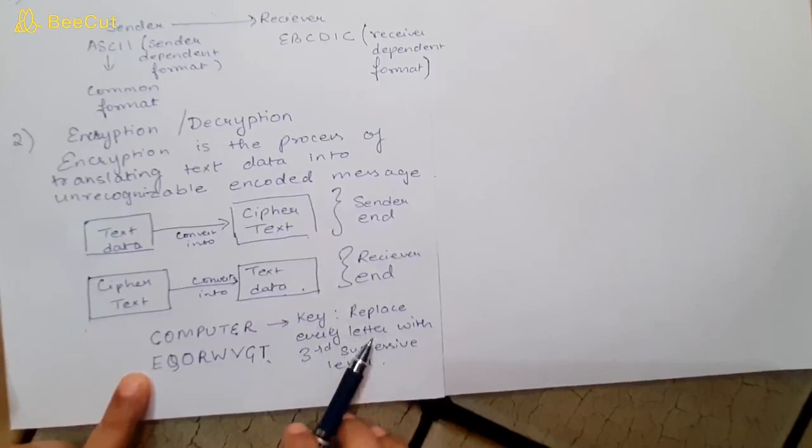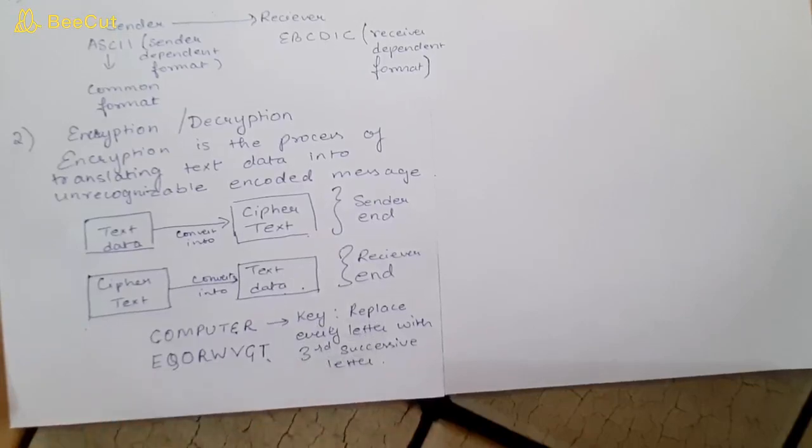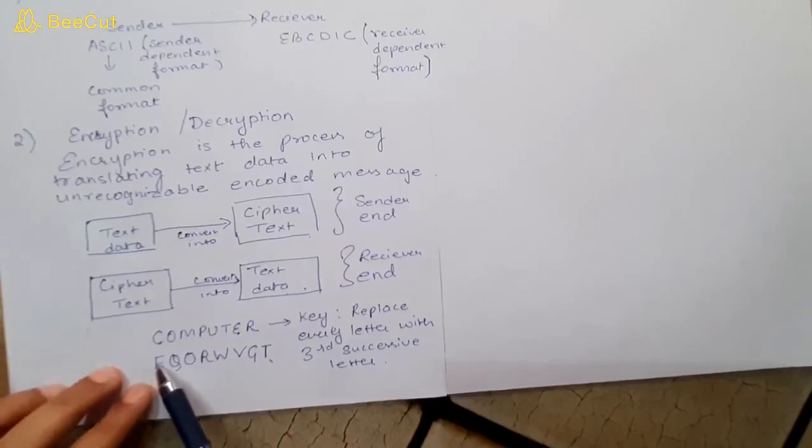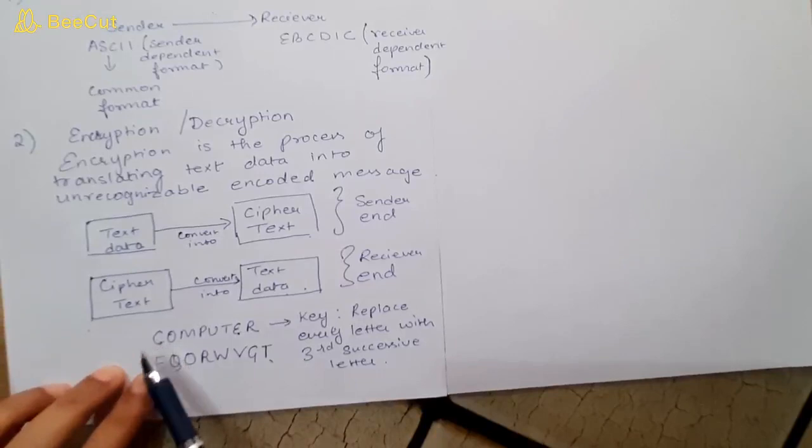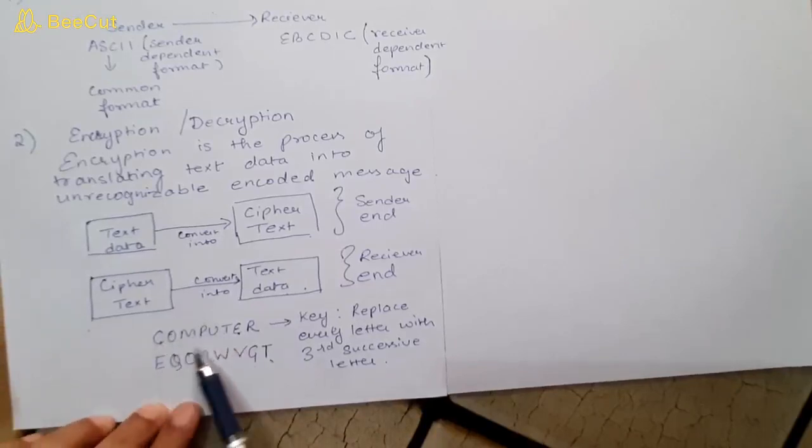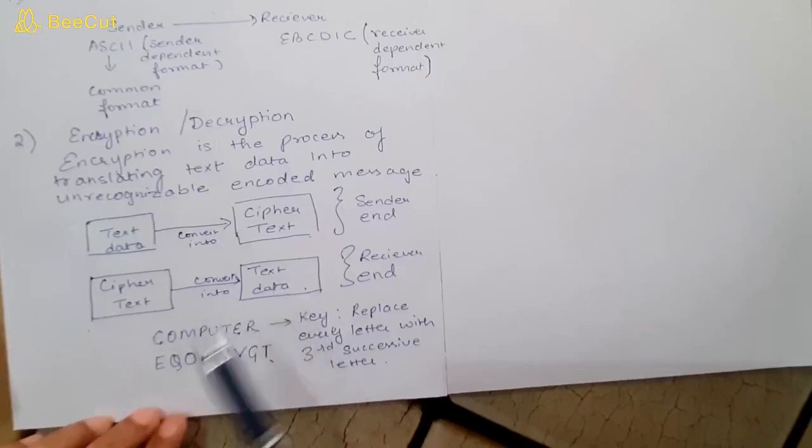He'll replace every letter with the third letter, but in this case not the successive letter. You have to see the order and replace it with the third previous letter. Similarly you will do it for all the alphabets, and ultimately you will receive the text data "computer". So that is done for encryption and decryption.